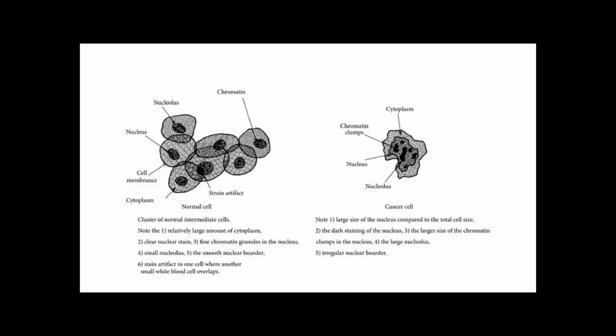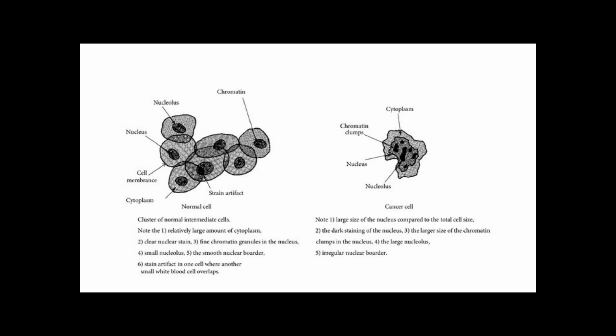So here you can see normal and abnormal cells, a cluster of normal cells, intermediate cells. When we consider cell by cell, yes, we can see similarities and organization, right? But in abnormal cells, not like that. The cells vary from cell to cell.